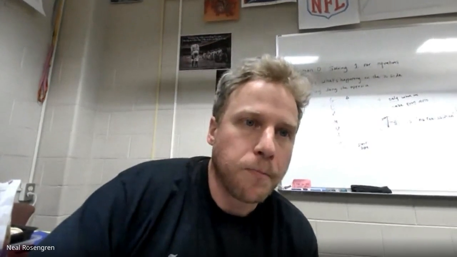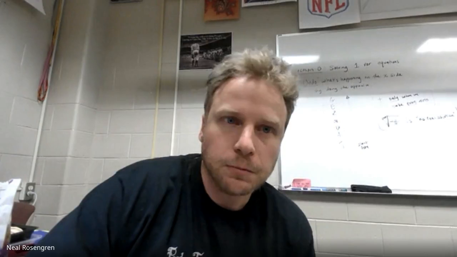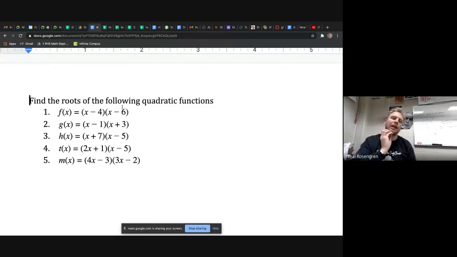All right. So the deal with these, I'm going to share my screen so people at home can see what's going on. The deal with homework 2.3, as I mentioned before, is that the only thing we can really tell easily when a function is factored like these five are what the x-intercepts are, right? f of x, g of x, h of x, call it whatever you want, every single one of these is just y.